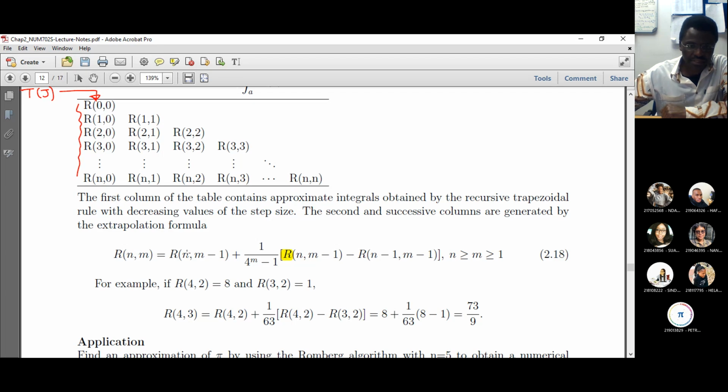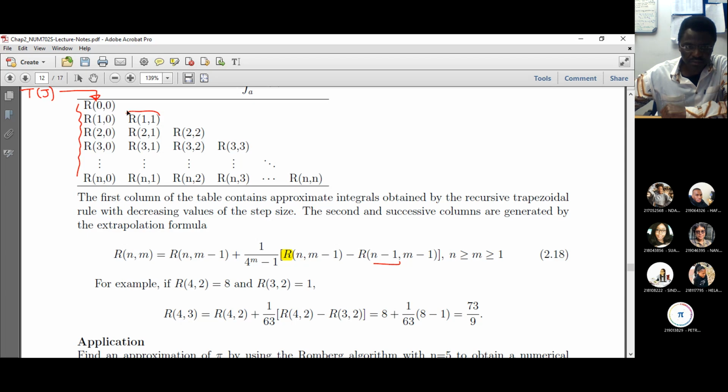This is the more accurate. This is the more accurate minus less accurate, if you remember. Why is this less accurate? So if you look at the row number here, let's say for instance, we want to obtain this result.